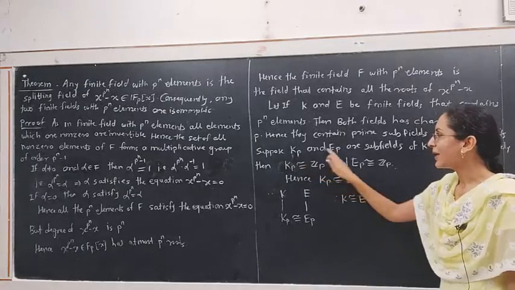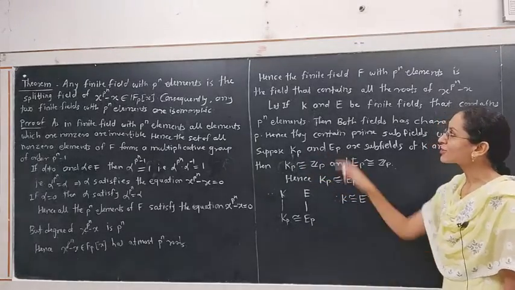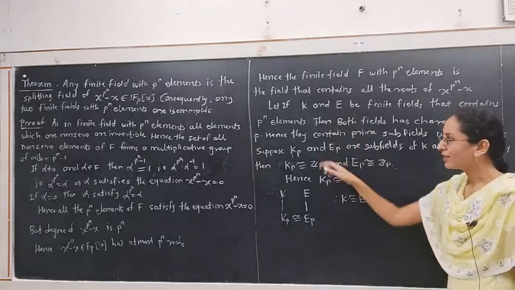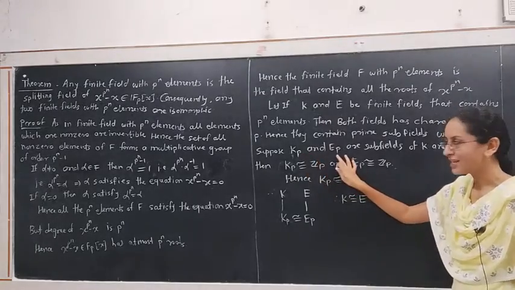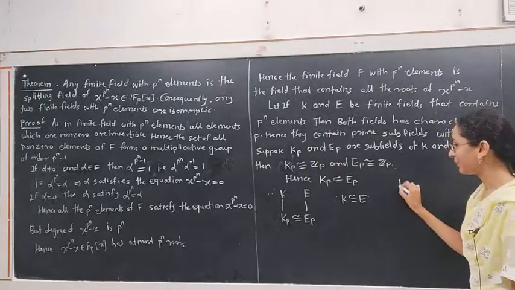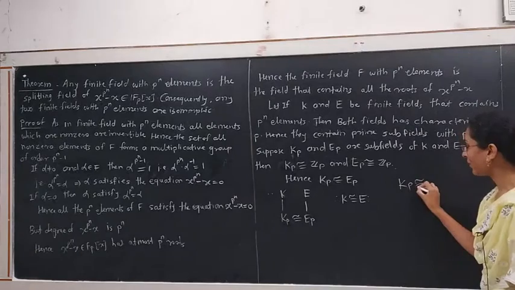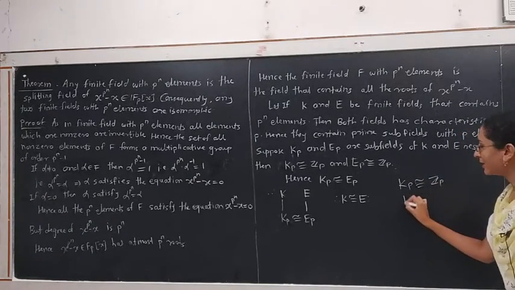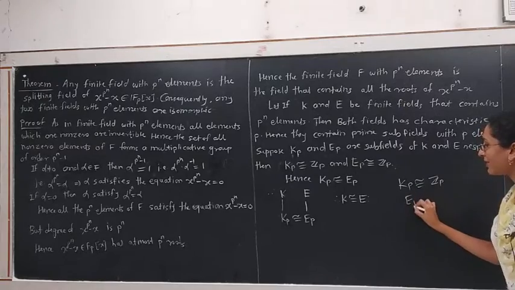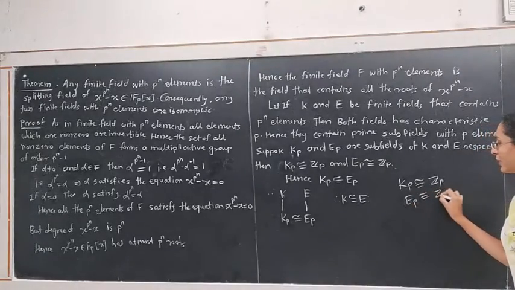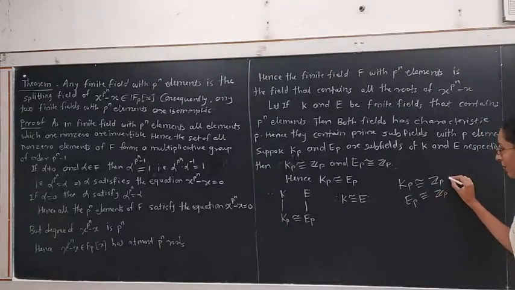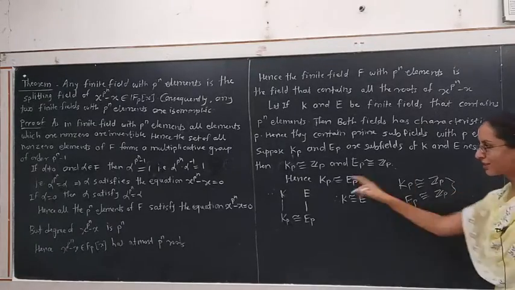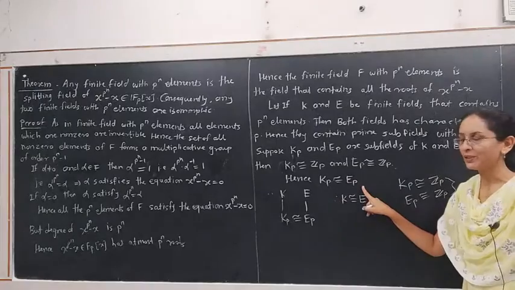See, these Kp and Ep are prime subfields of K and E having characteristic p, hence Kp is isomorphic to Zp and Ep, which is the prime subfield of E, is isomorphic to Zp. By considering these two isomorphisms, we will get Kp isomorphic to Ep.